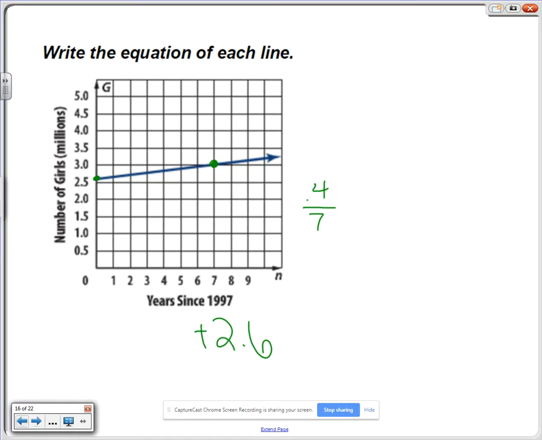Did you do 0.4 divided by 7? Guys, calculators. 0.4 divided by 7. And now turn it into a fraction. It should be 2/35. And that has an x on it, doesn't it? Is equal to... Now really, I shouldn't have used y and x in this problem.